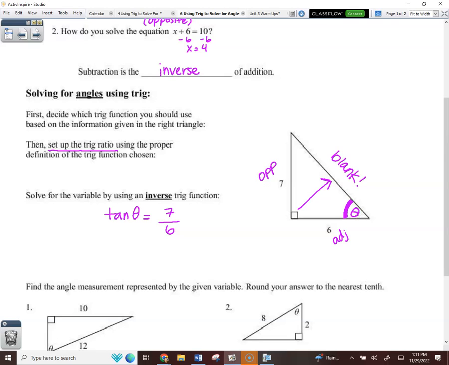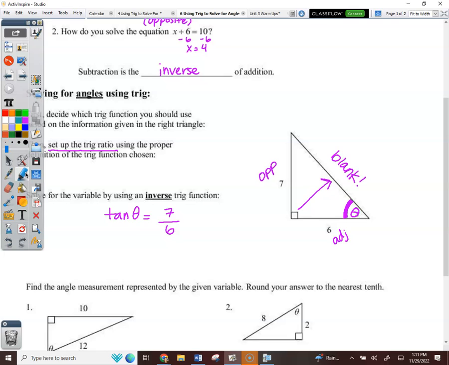New part is that this is actually good. This is your variable. That's the new part. All the others, the variable's been over here. We did the little elbow arrow, remember? Okay, we don't want to do that here because the variable is actually theta. Now here's the problem. Tangent is attached to theta. It is not attached by multiplication.